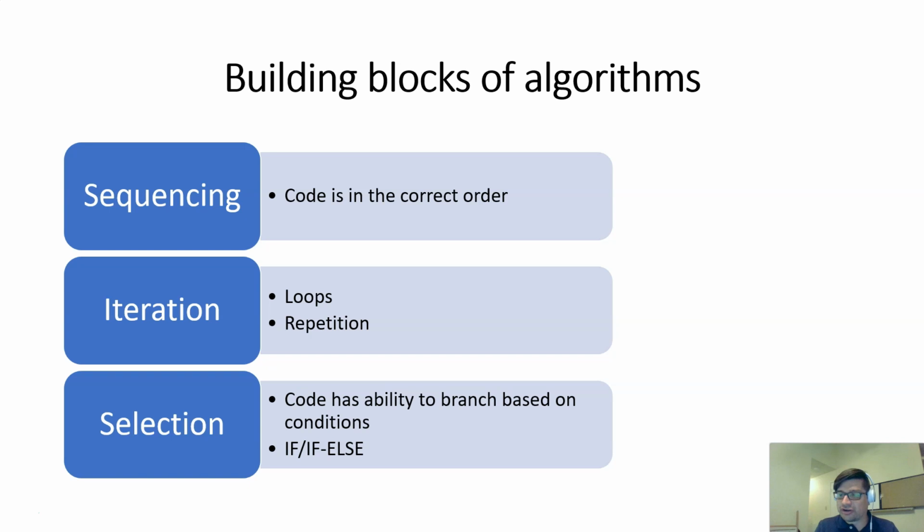There are other blocks out there that also have inherent selection built in. All selection means is that code branches, or has the ability to branch, based on a condition. So it decides to execute or not execute based on whether some condition was met. But from the College Board's perspective, you think of if or if else.